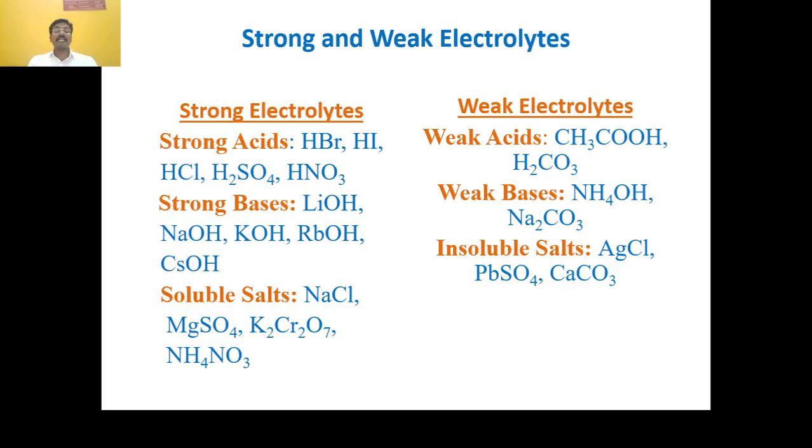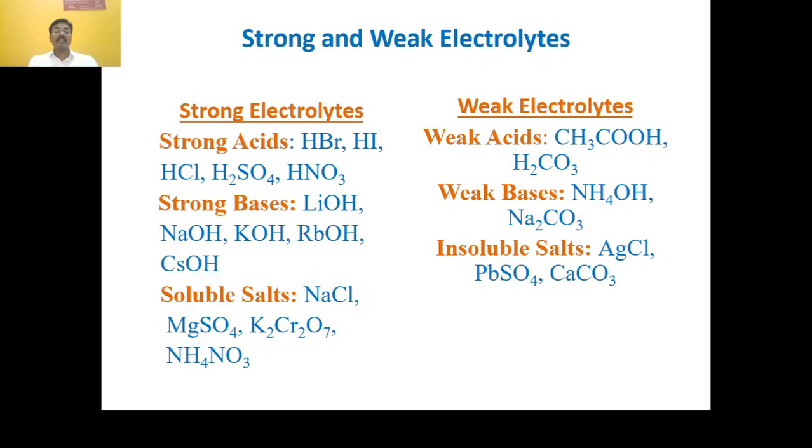Strong electrolytes such as hydrogen bromide, hydrogen iodide, hydrogen chloride, sulfuric acid, nitric acid. These are strong acids and they are completely dissociated in aqueous solution, and therefore these are examples of strong electrolytes.